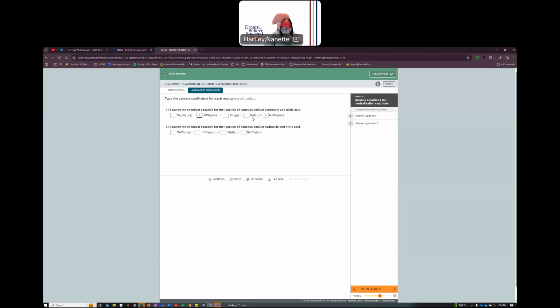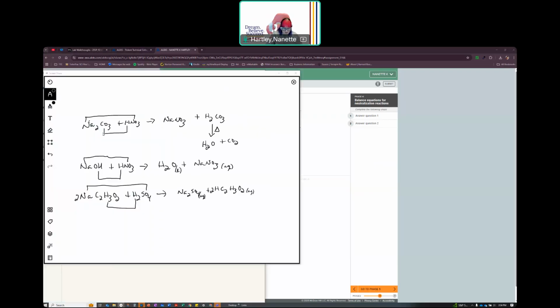Just looking at what I've got, in terms of my balanced reaction. When I was looking at this before, I had Na2CO3 plus HNO3, okay? And that gave me an NaNO3 plus H2CO3, which gave me H2O plus CO2.